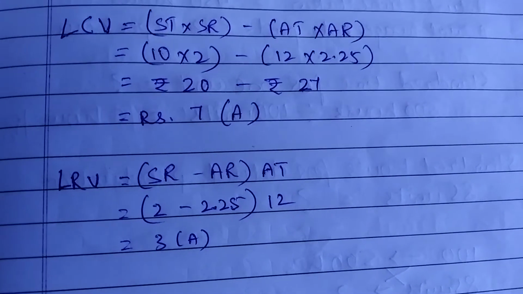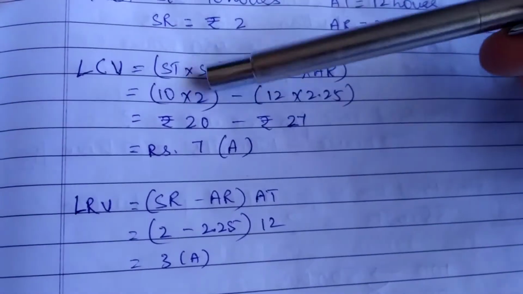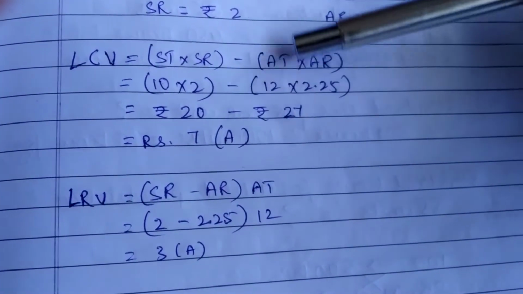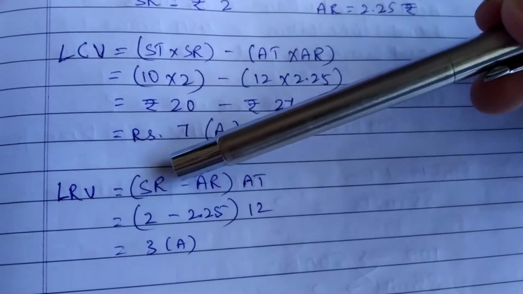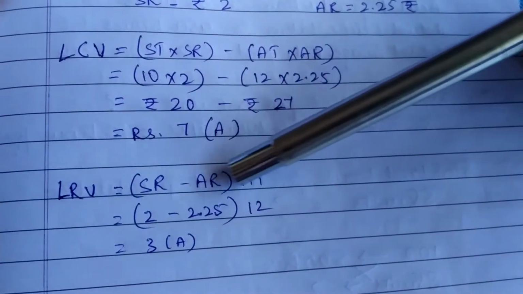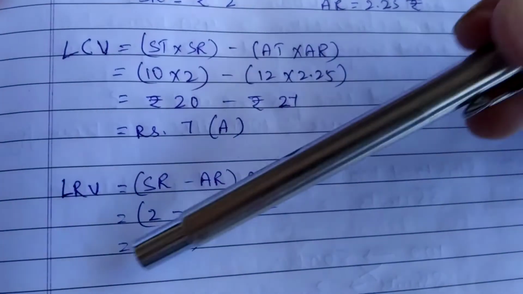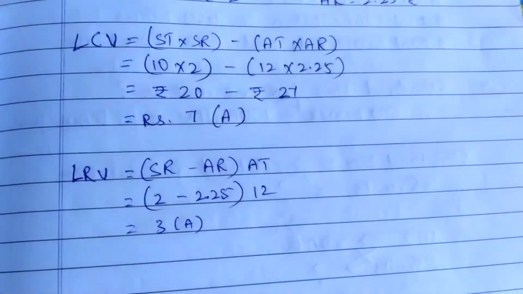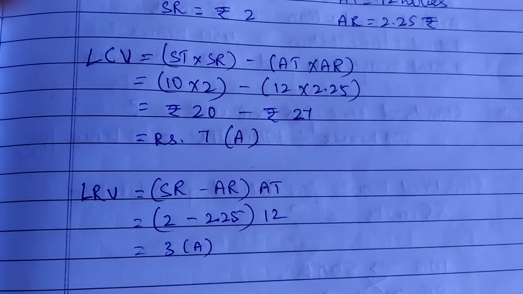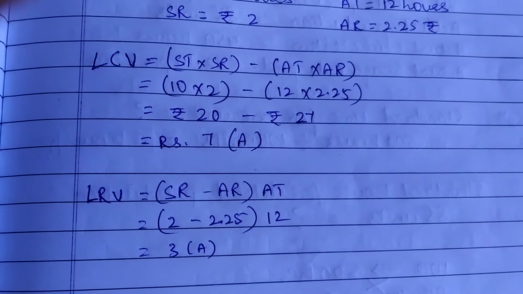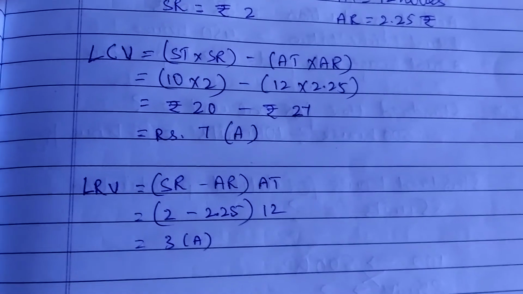So the standard rate is 2 minus 2.25 into the actual time taken, which is 12. So it is 3. Here also it is adverse, because the payment they have made to the employees is more than the standard one. So here it will be an adverse answer.